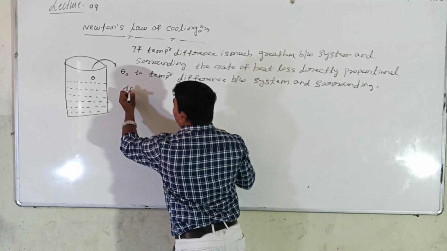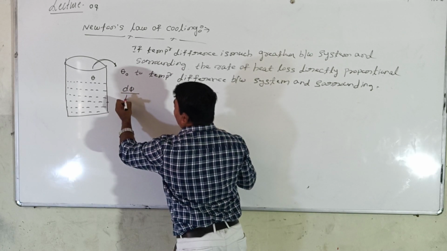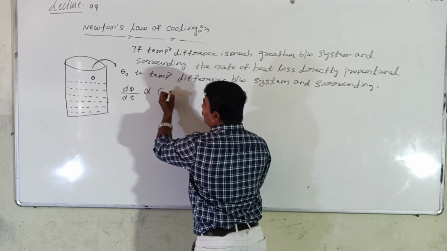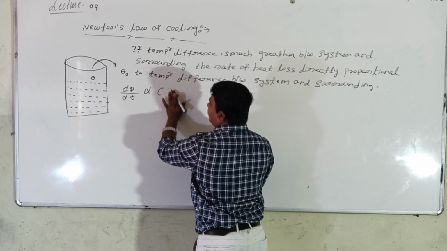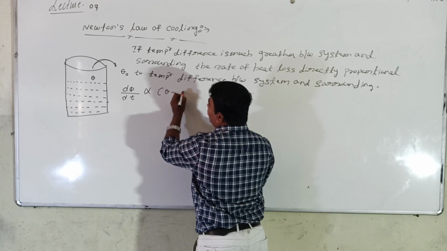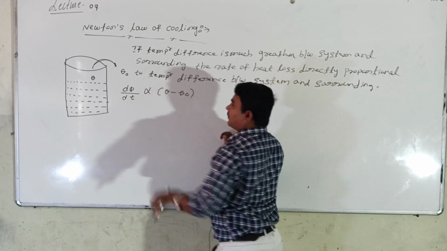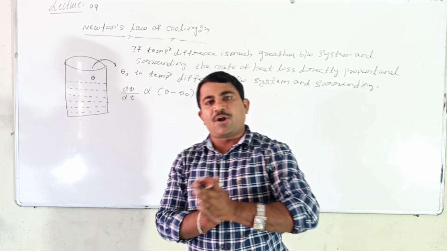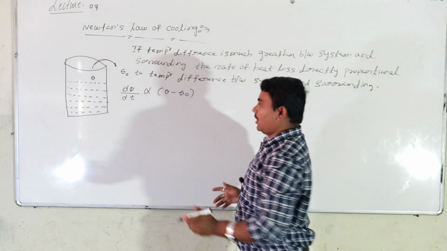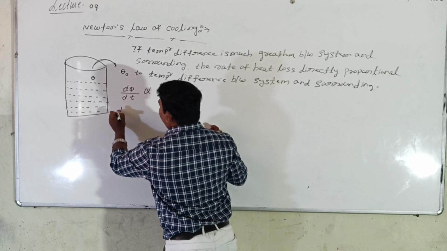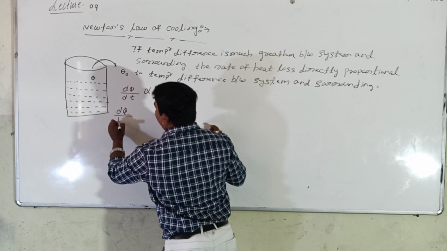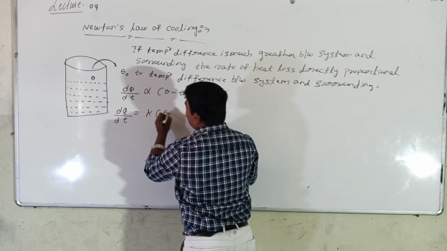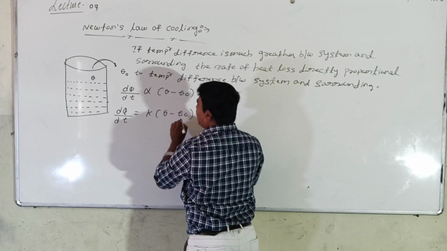The rate of heat loss dq divided by dt is directly proportional to the temperature difference between system and surrounding, provided the temperature difference is not much greater. So the rate of heat loss must be equal to some constant into temperature difference.